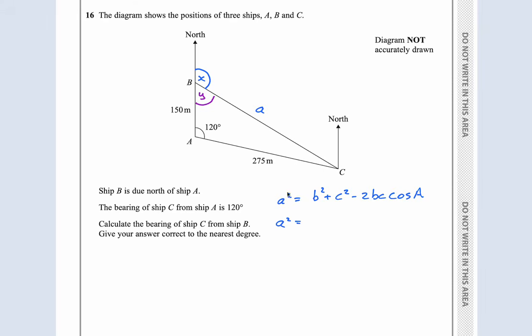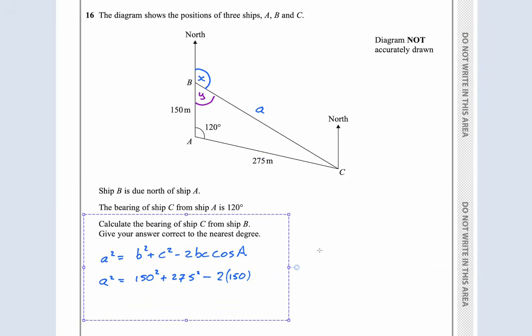So A squared equals B squared, 150 squared, plus C squared, 275 squared. Some of you may be thinking, hang on, that's C and that's B, and I guess you're kind of right, but it makes no difference which one you choose because B squared plus C squared is the same as C squared plus B squared, and BC is the same as CB, so it doesn't actually matter. 150 times, right guys, I'm going to have to go down here because I need more space.